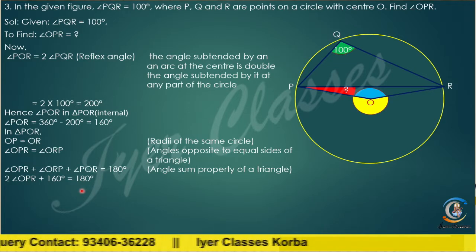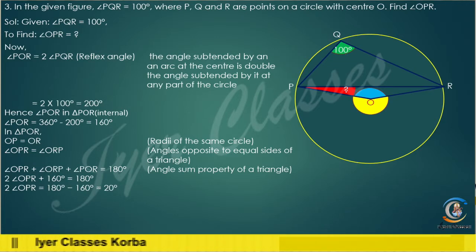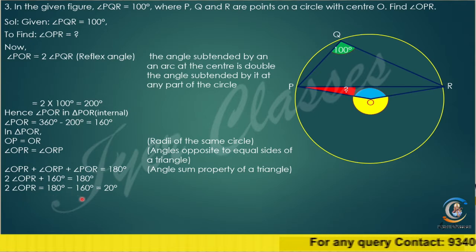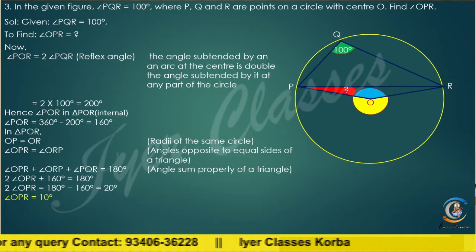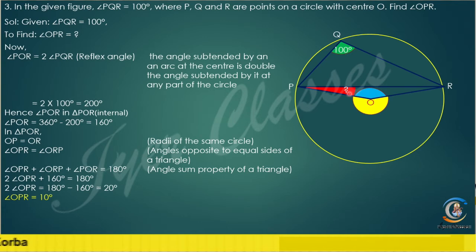So, 2 times OPR is equal to 180 minus 160, which is equal to 20 degrees. So, what is the measure of angle OPR? Just 10 degrees, right? So the red angle is equal to 10 degrees.